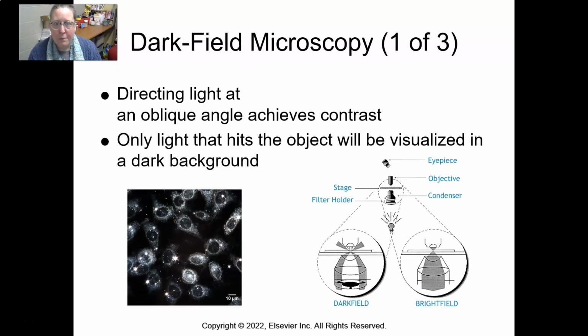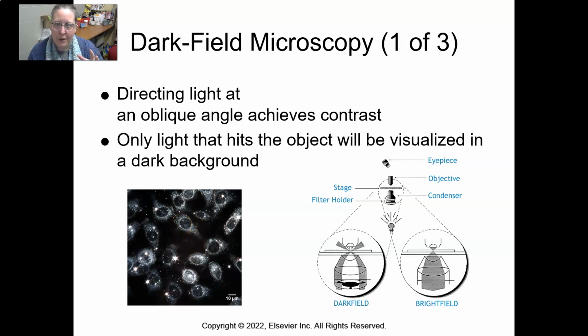Dark field microscopy is directing light at an oblique angle to achieve contrast. The only light that hits the object will be visualized in a dark background. So basically, in light microscopy, the background is light. In dark field microscopy, the background is dark, and the edges and features of the organism you're trying to visualize are what's catching the light.